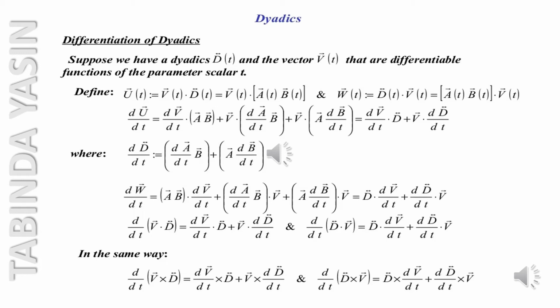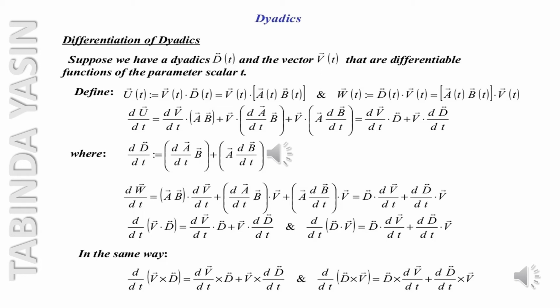Now the differentiation of dyadics. Suppose we have a dyadic D(t) and a vector v(t) that are differentiable functions of the scalar parameter t. Define the vector u(t) as v(t) dot D(t), which is v(t) dot a(t) b(t), and w(t) is equal to D(t) dot v(t), which is a(t) b(t) dot v(t).